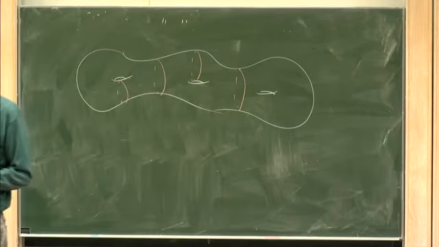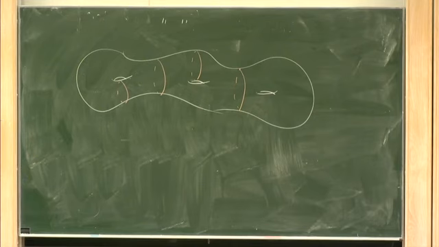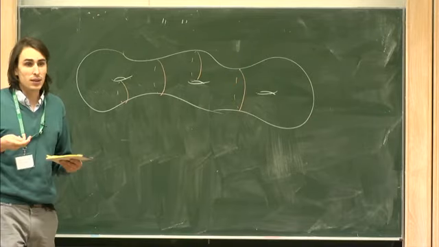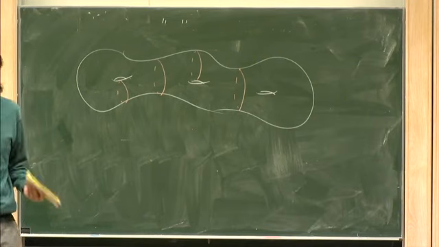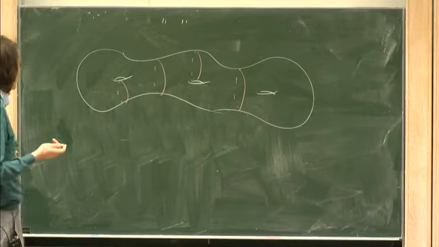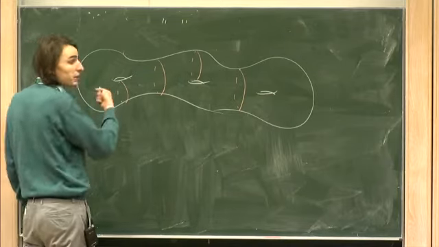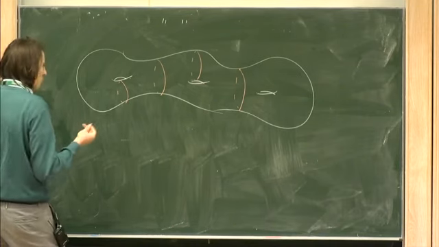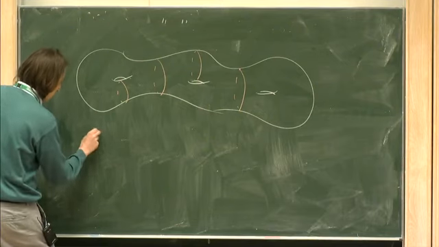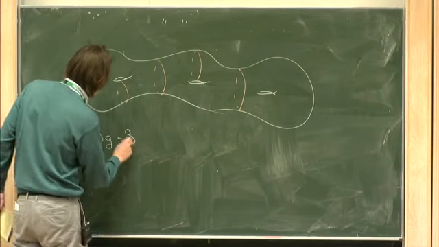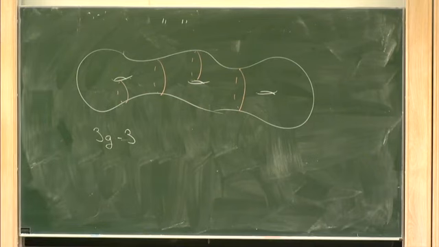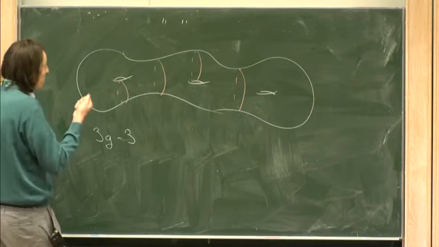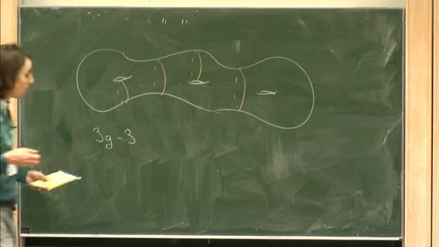And of course we know that we can do this until the surface is split into pairs of pants. And so we have a natural bound on the number of curves that we can put on a surface of a certain genus, which is given by 3g minus 3. So whenever we put a bunch of curves on a surface, we're bounded by the topology of the surface.